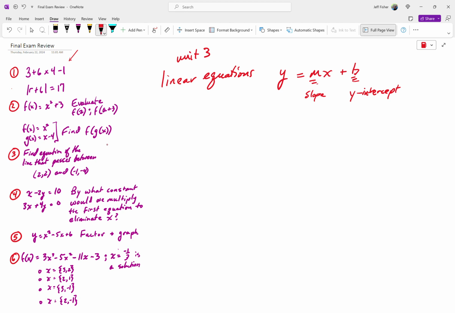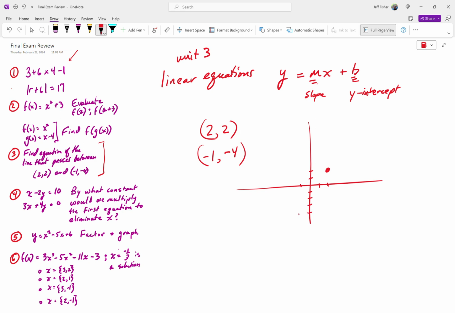And so when we're asked a question like, find the equation that passes through the points (2, 2) and (-1, -4), we can quickly sketch that out. (2, 2) is there. (-1, -4) is here. And this is the line that we're looking to find.